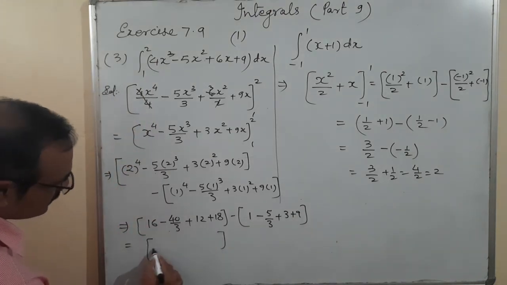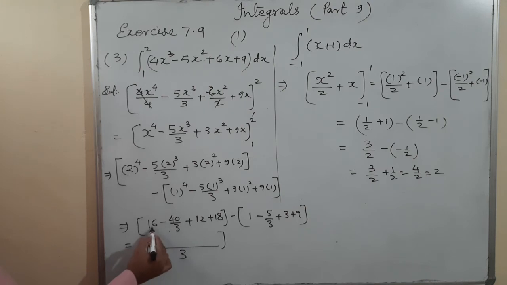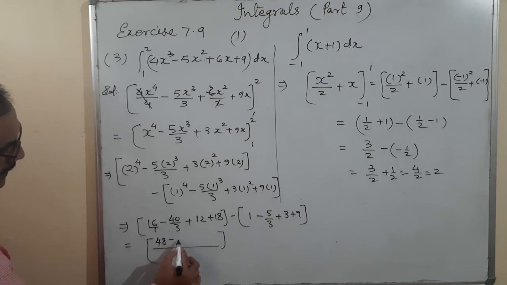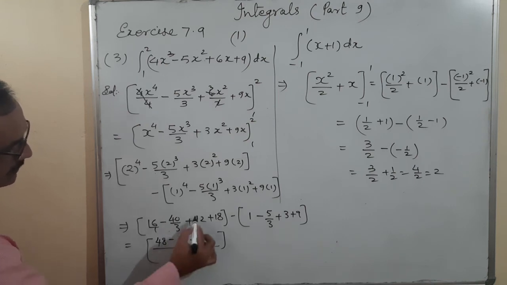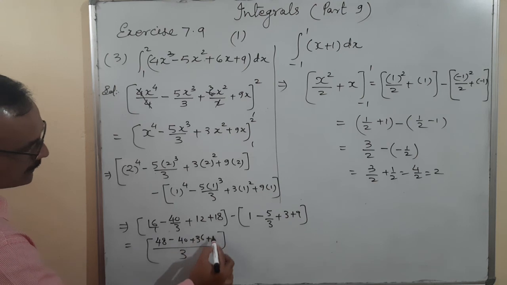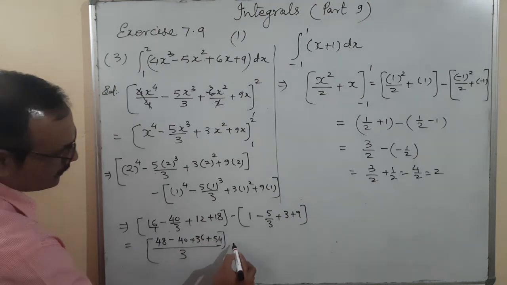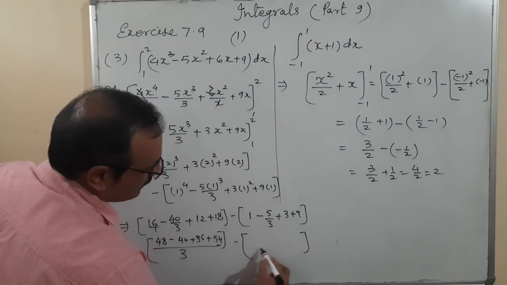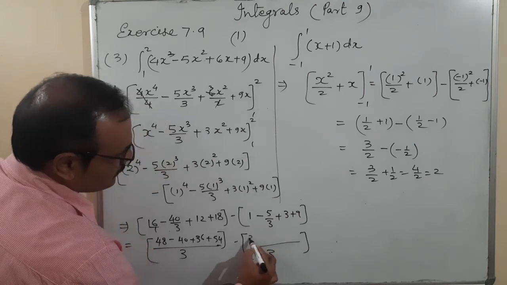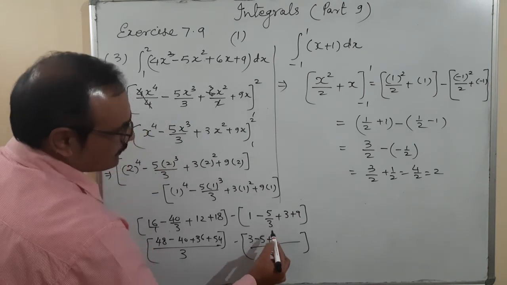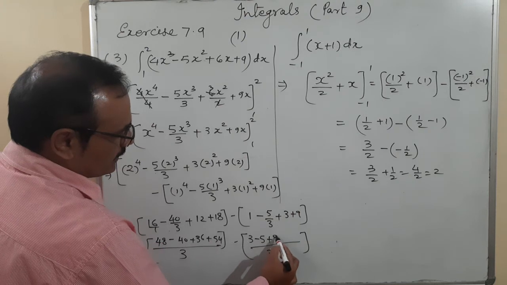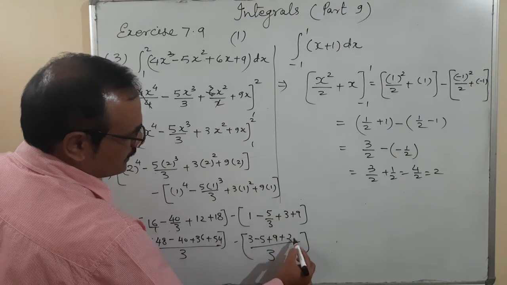Solve this bracket first. The LCM of the denominators of all terms is equal to 3. 16 times 3 is 48, minus 40, plus 36, and plus 18 times 3 is 54, minus 3 minus 5, plus 3 times 3 is 9, and plus 9 times 3 is 27.